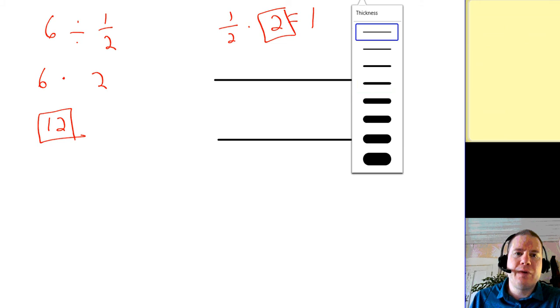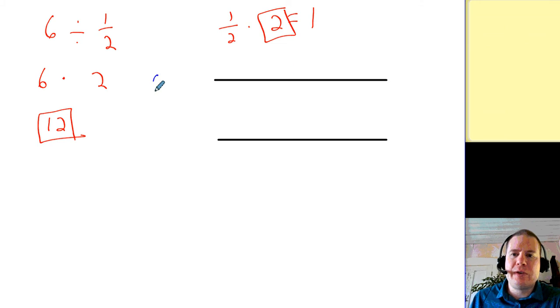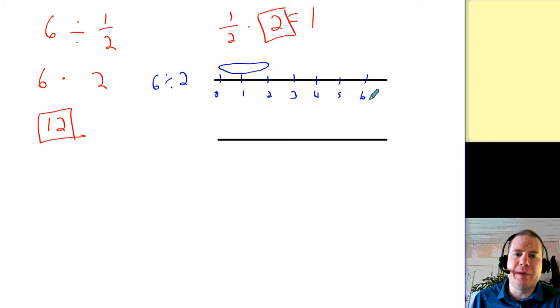If I do 6 divided by 2, okay, how many 2's make into 6? Well, here's 1 2. I'm not there yet. Here's another 2. I'm not there yet. Here's another 2. Oh, there I am. How many 2's did I have? 1, 2, 3 pairs of 2's.